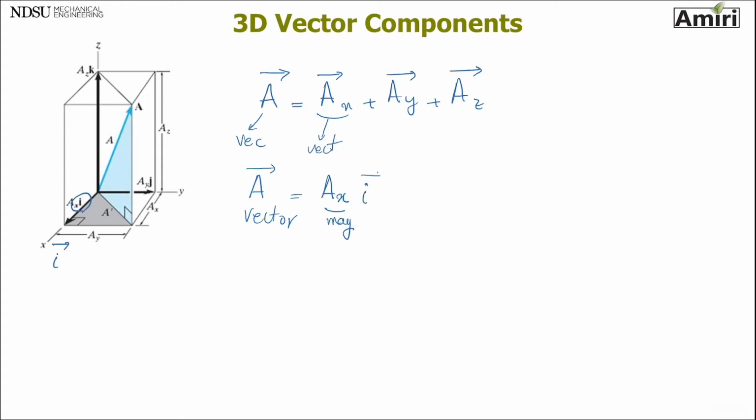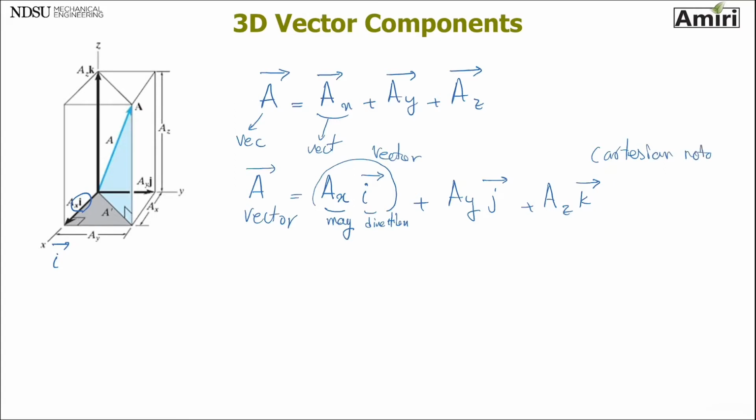So I put a unit vector next to it, because it has a magnitude of 1, as if it only has direction. This whole thing now is a vector. So now it is correct. I'm going to do the same thing for y and z. Okay, so this is called Cartesian notation. Remember, whenever we use i, j, k, that is a Cartesian notation.